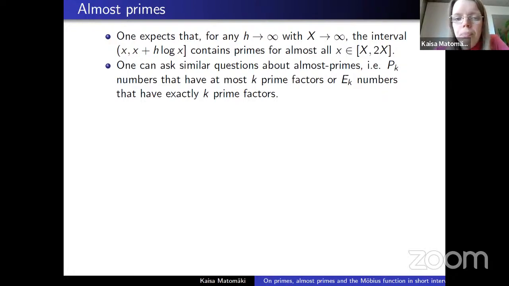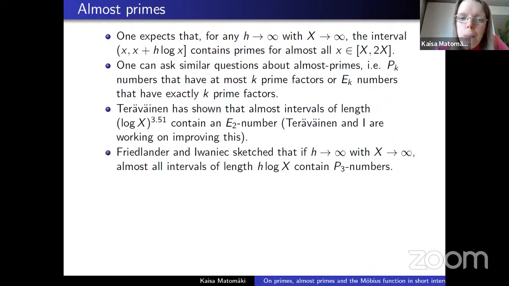There's no possibility that it's a prime, but we still call it almost prime. And there has been quite a lot of activity on studying P_k and E_k numbers in short intervals because the primes are so difficult to study, or we are stuck with them. So there has been some progress on this. In particular, Teräväinen has shown that intervals of length (log x)^{3.51} almost always contain an E_2 number, a product of exactly two primes.